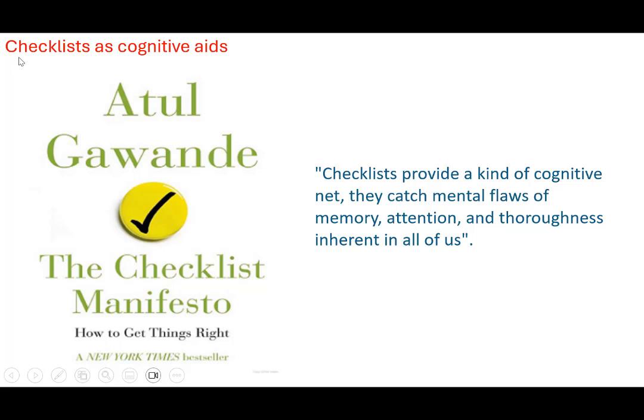So what he's talking about is a very simple cognitive aid, which is a checklist, right? We all, many times, when we are pressed for time or whatever, we have to do these things. What he's saying is these checklists are a great tool for making sure that we follow a certain discipline, a certain set of rules. And he gives examples from diverse fields.